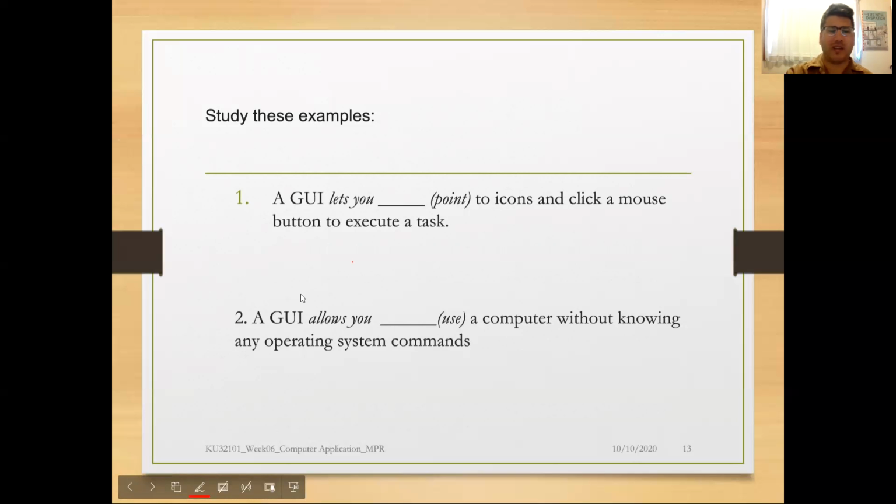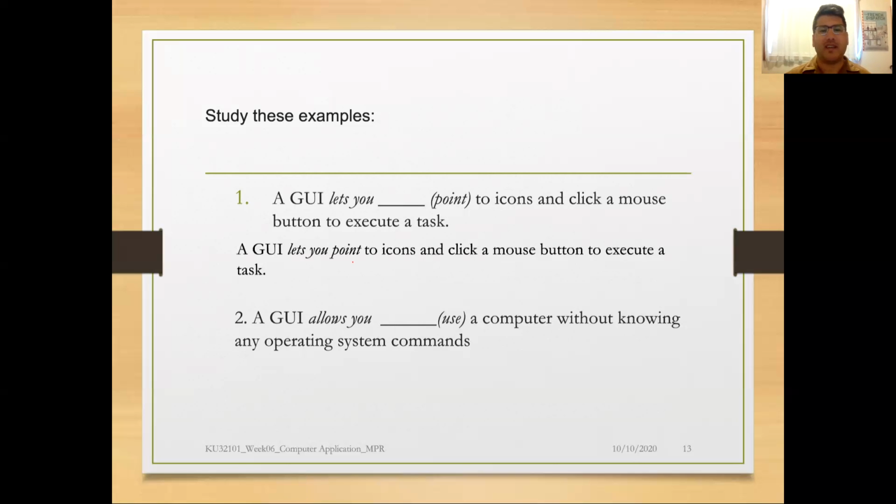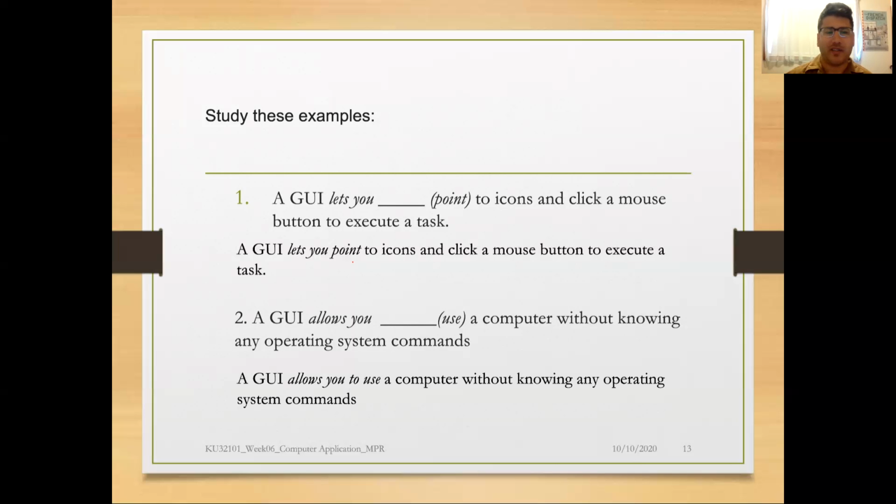Okay, so let's look at example 2. A GUI allows you blank a computer without knowing any operating system commands. A GUI allows you to use a computer without knowing any operating system commands.